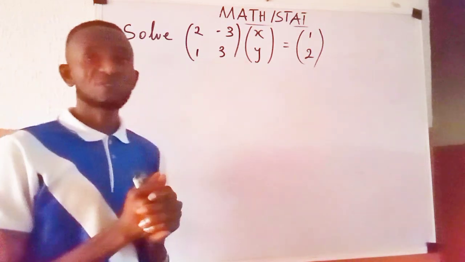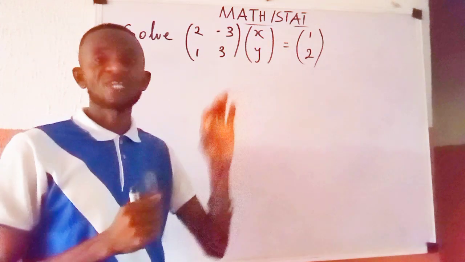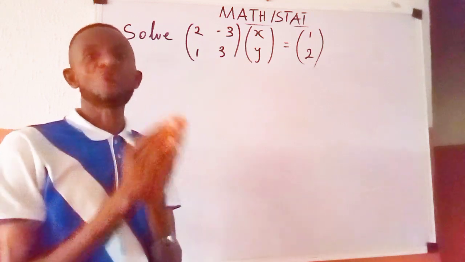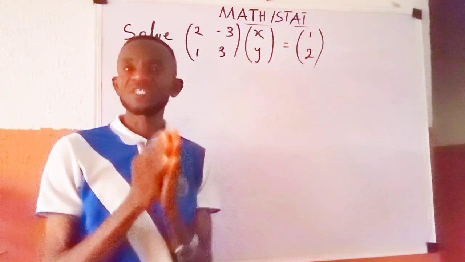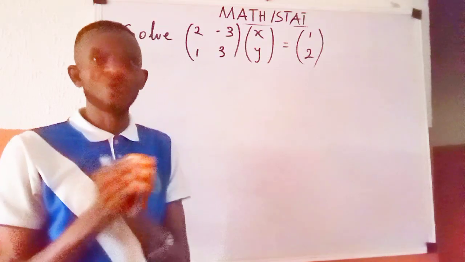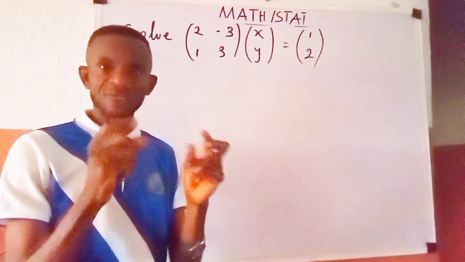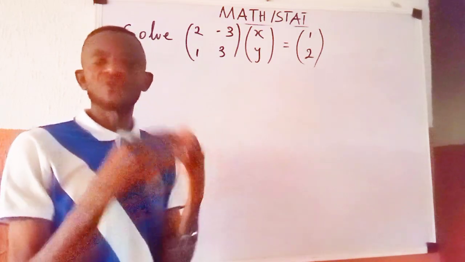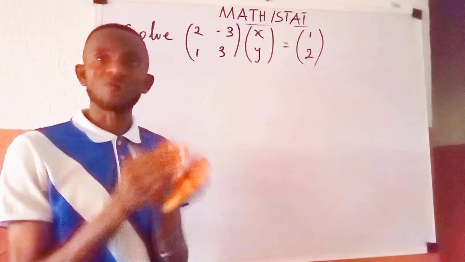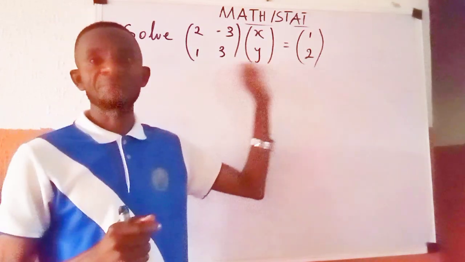Looking at this question on the board, we have x and y, telling us that there are two unknowns involved. For the fact that there are two unknowns, one begins to condition his mind towards solving the problem using the approach of simultaneous equations. That is, two systems of linear equations, or one linear and one quadratic equation, solved concurrently.